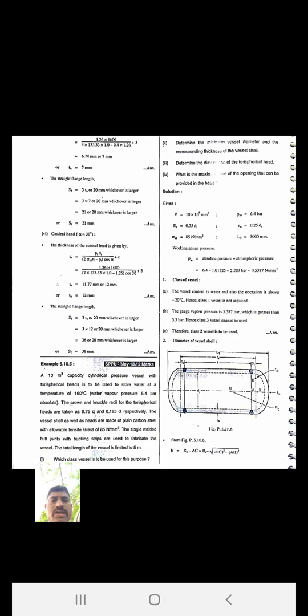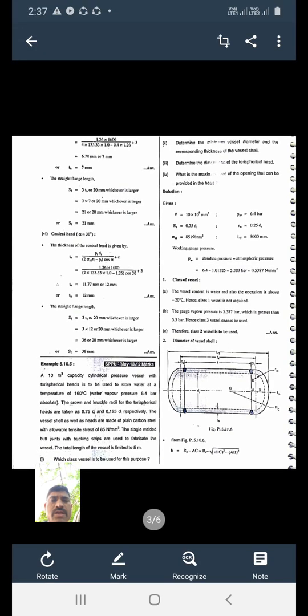We will check that detail. The vessel contents is water, and the operation is above minus 20 degrees Celsius. Hence, pressure vessel class 1 is not required.